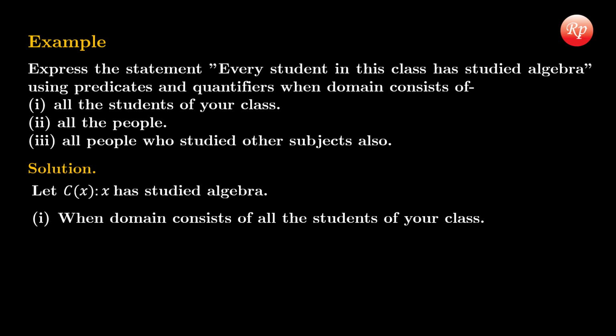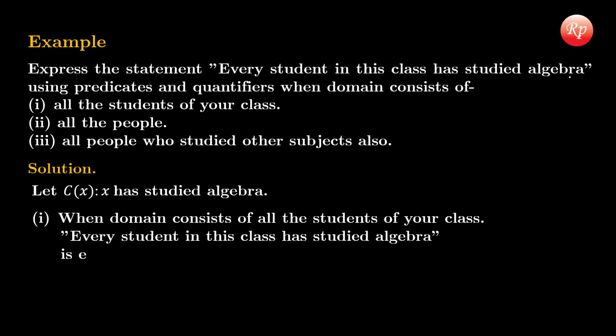So the statement every student in this class has studied algebra will be expressed using this predicate and quantifier as for all x, Cx. So here there is no confusion because your domain consists of all the students of your class.